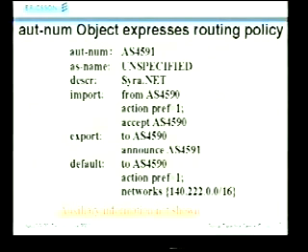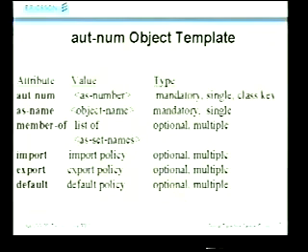The aut-num object expresses the routing policy. This is the template. The attribute aut-num takes a value AS number, which is mandatory, single, and the class key, and it's first. And then we have the AS name, which is an object name, which is mandatory. Member-of, I'll say a bit about that soon, import, export, and default. Import is your import policy, export is your export policy, default is your default policy.